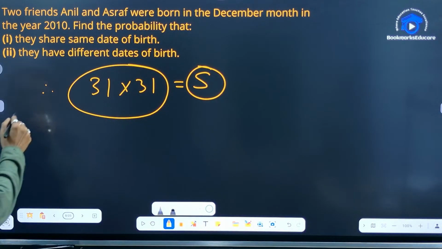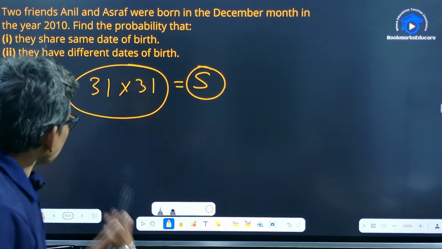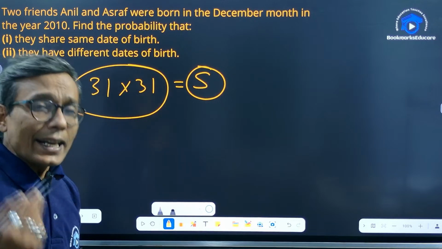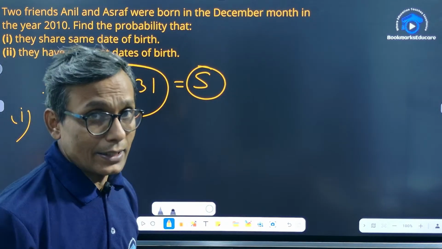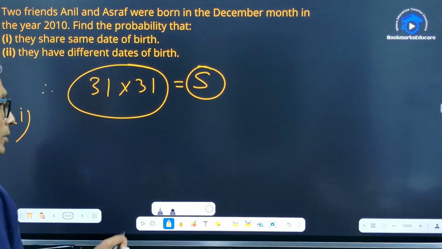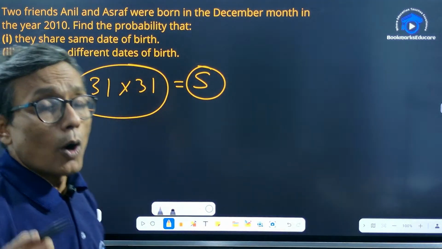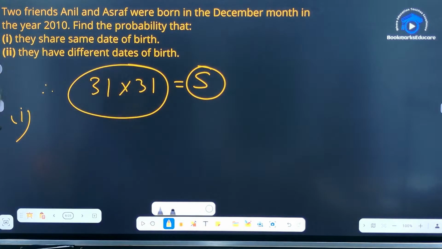And first question: they share the same date of birth. Meaning Anil could be born on any day in the month of December, in which there are 31 days, and Aslam must be born on that particular day on which Anil was born.